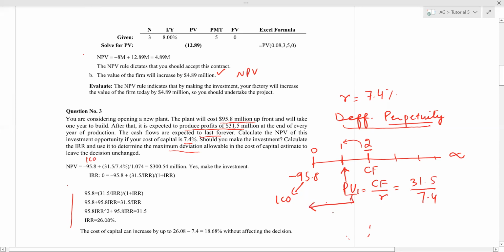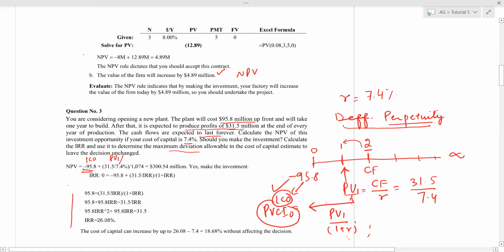To do that, we do PV1 divided by (1 plus R) power 1, and you will get your answer. So it will be the present value of cash inflow at year 0, and this is the outflow. Now you have both outflow and inflow. This one is the inflow, and this part is 31.5 divided by 7.4%. This answer is at year 1, so it is PV1.